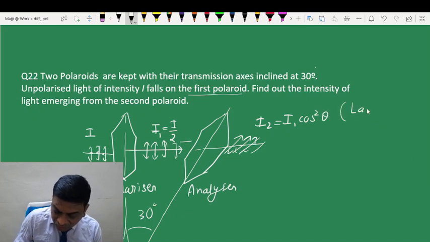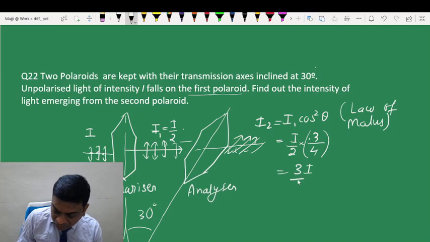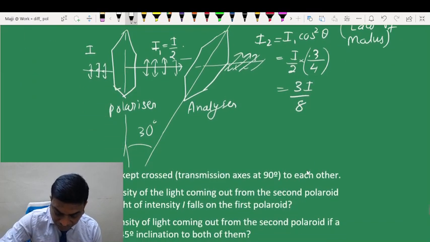This is from the law of Malus. So this is I by 2 and cos square 30 degrees, root 3 by 2 whole square. So finally you have 3I by 8.